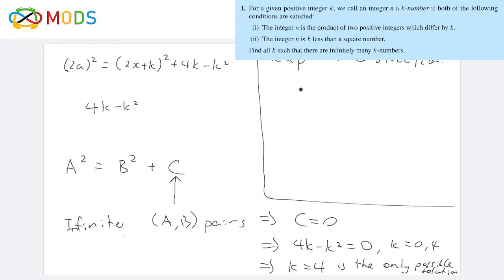So if you take x multiplied by x plus 4, you get x squared plus 4x. And this turns out to be x plus 2 squared minus 4. So we have a family of solutions.